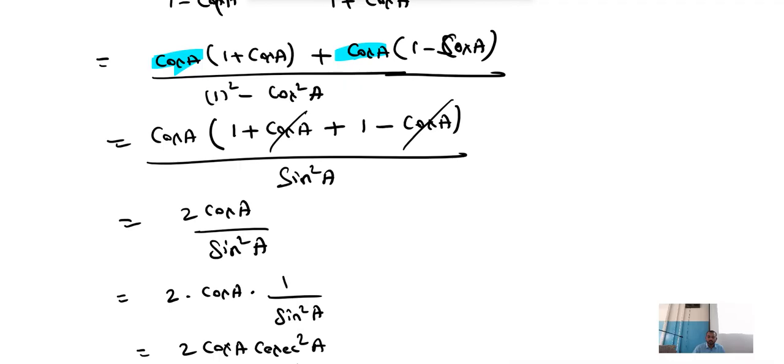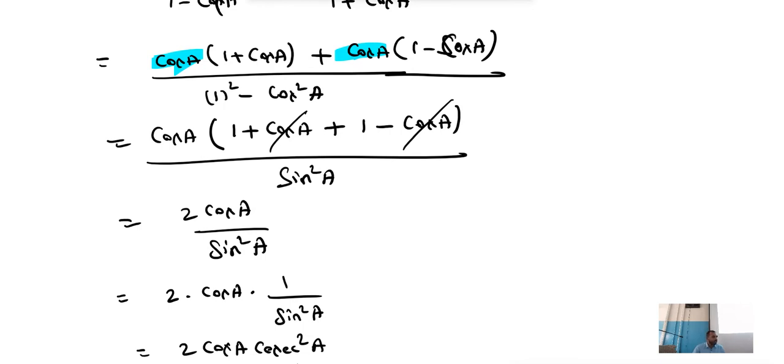This is cos A, we have taken common. Plus cos A minus cos A get cancelled. Understood? 1 plus 1 is 2. 2 into cos A, 2 cos A divided by sin square A. No, 2 cos A I have taken.